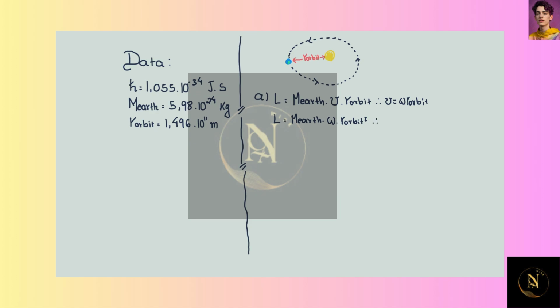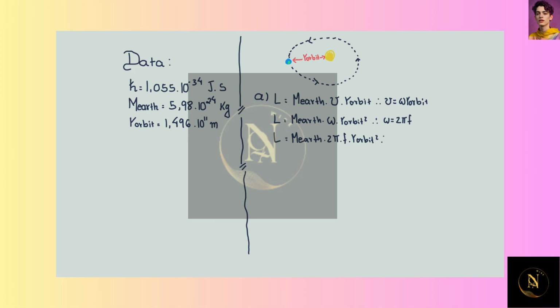But now remember that this omega, the angular frequency, is related to the absolute frequency by omega equals 2 pi times that frequency. Therefore, we can write L as the mass of the Earth times 2 pi times the frequency times the radius of the orbit squared.